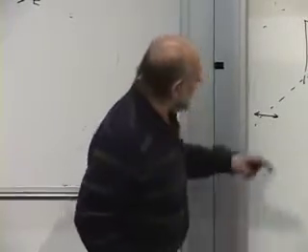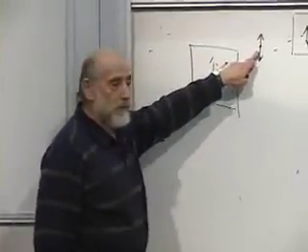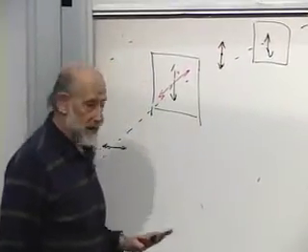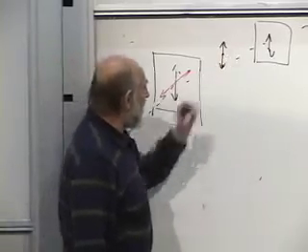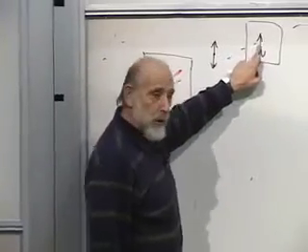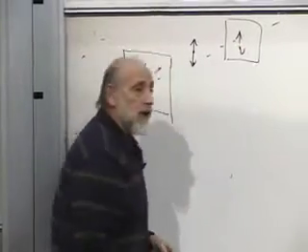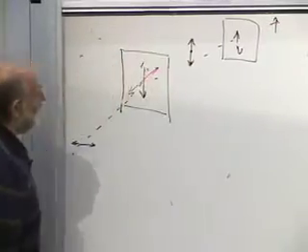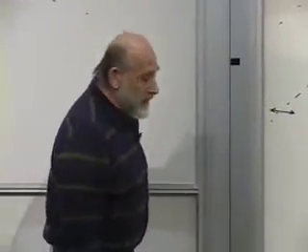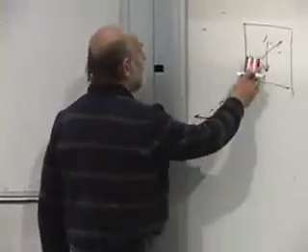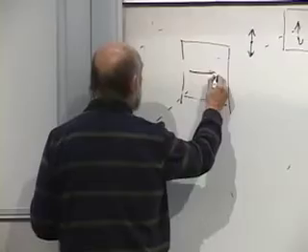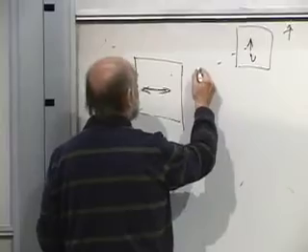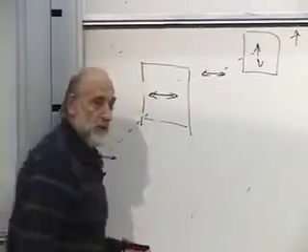It prepares states. In this case, this polarizer prepared a vertical polarization, but you can also use it to detect what the polarization is. For example, having made it vertical here, if I send it through the next polarizer, if the next polarizer is vertical, it will definitely get through, confirming the fact that it was vertically polarized. If, on the other hand, I happened to prepare the photon with a horizontal polarization just by rotating the polarizer so that it comes out this way, then it just gets blocked by this polarizer.